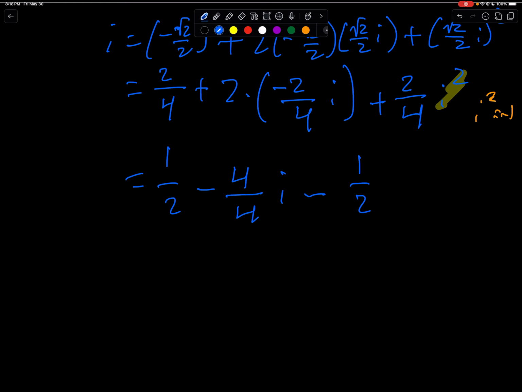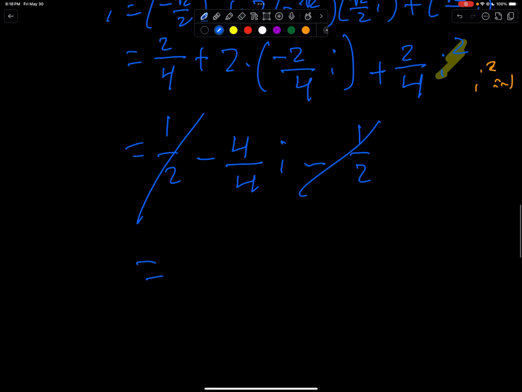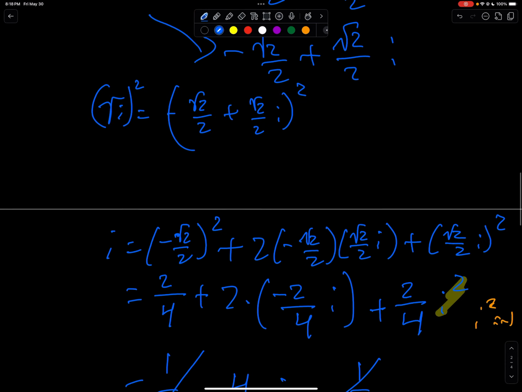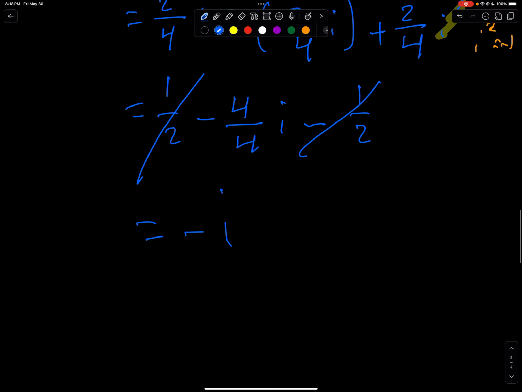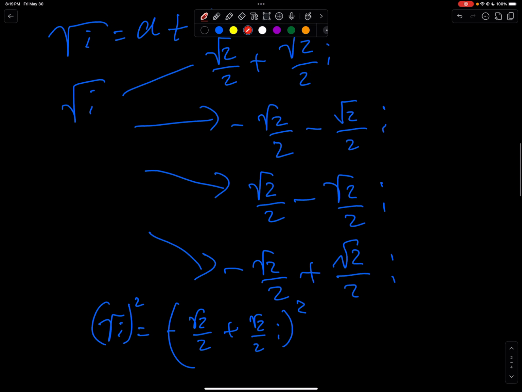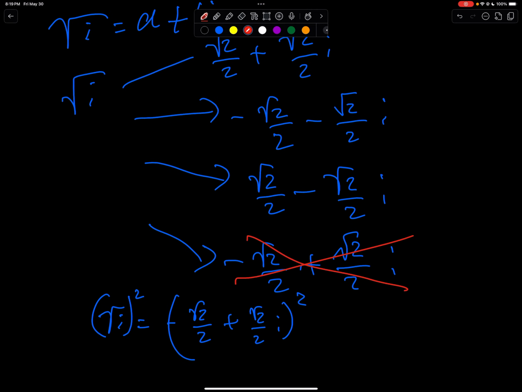And so then we'll have negative i. Okay, and so here we see that i equals negative i, which is not a true statement. So this is actually an extraneous solution.